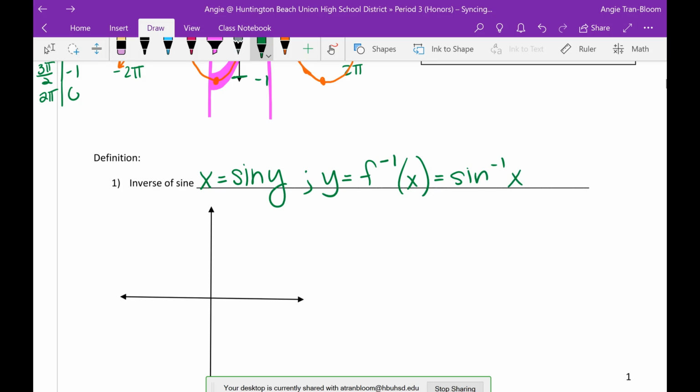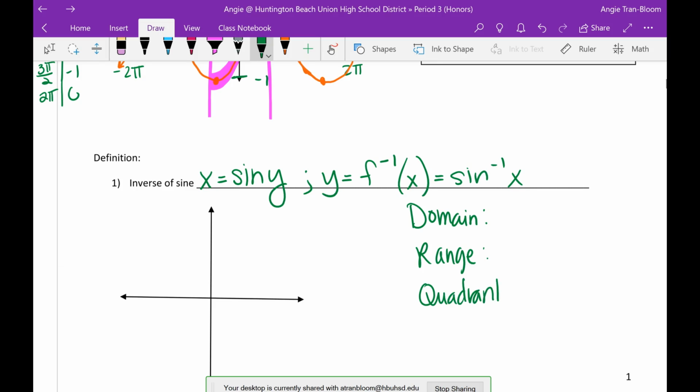Okay. Let's state the domain and range of sine inverse. What is the domain of sine inverse? I'm going to put it back to the unit circle, okay?